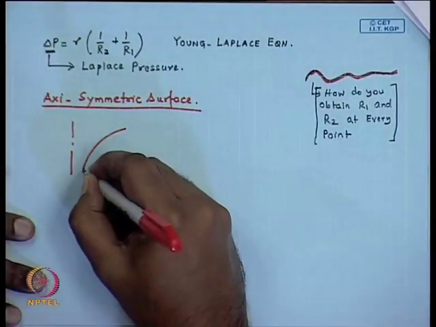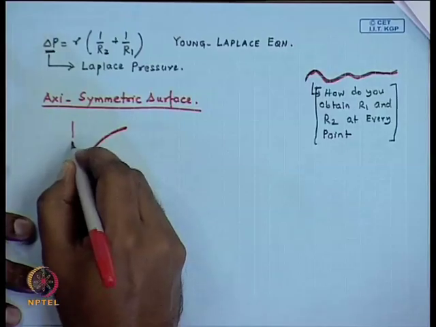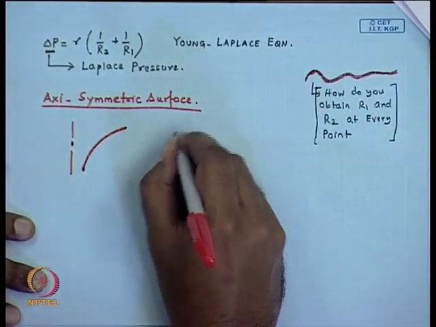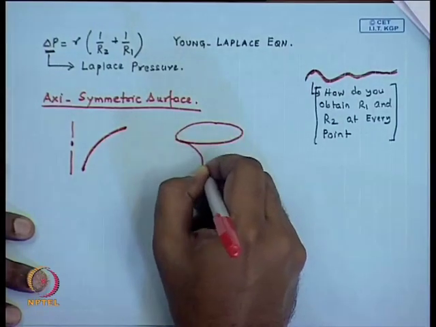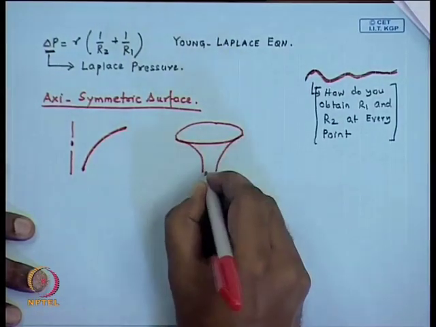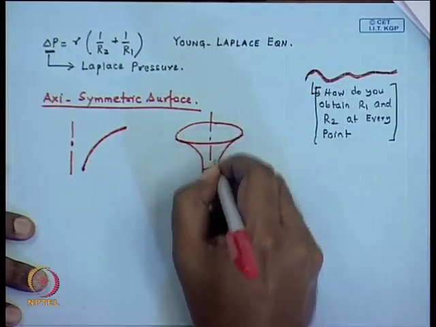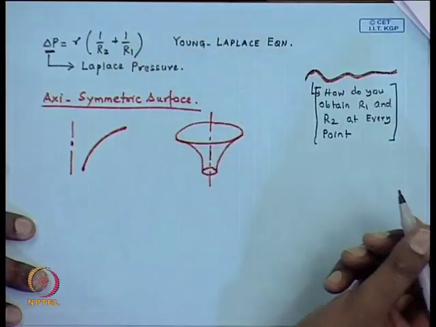Suppose you have this curved line, and this is an axis around which you want to rotate it. What will you get? You will actually get a conical hole like this. And this is the axis of symmetry around which it has been rotated.